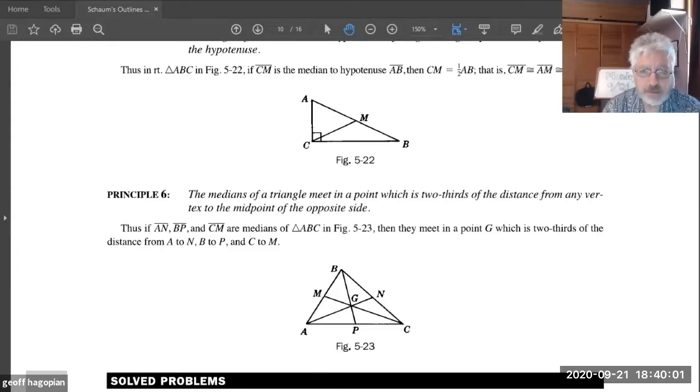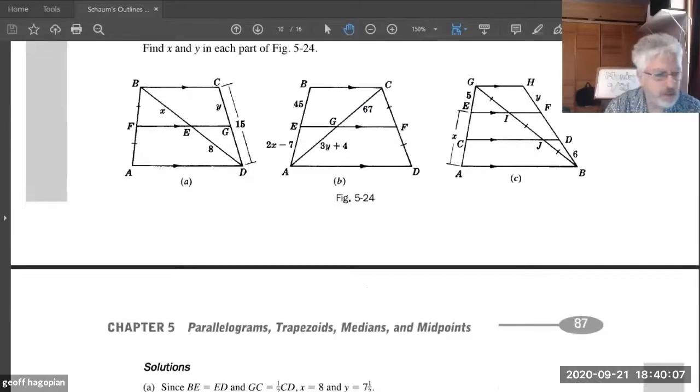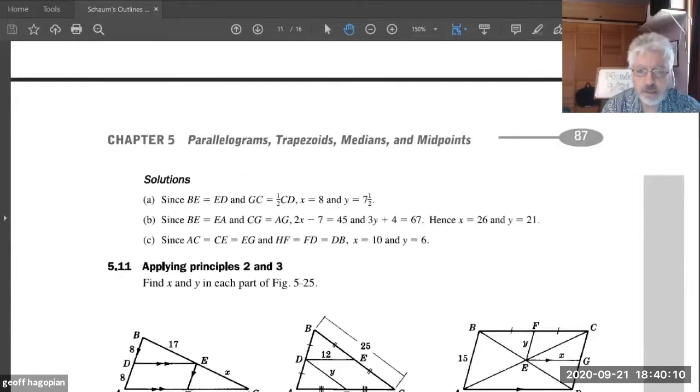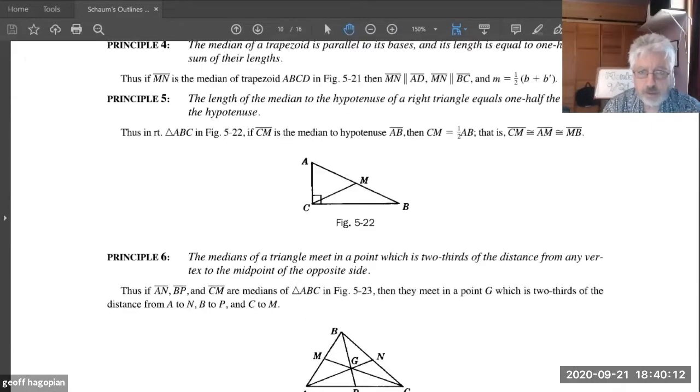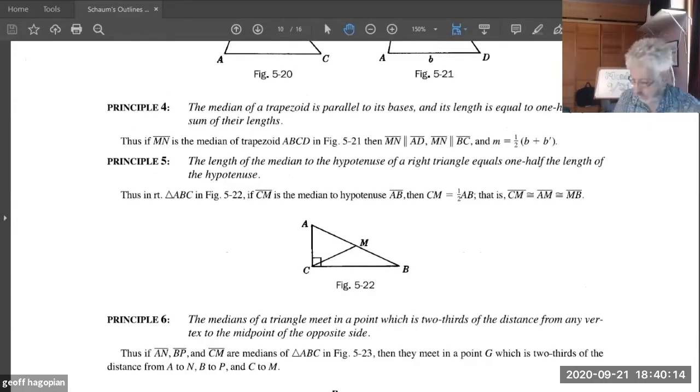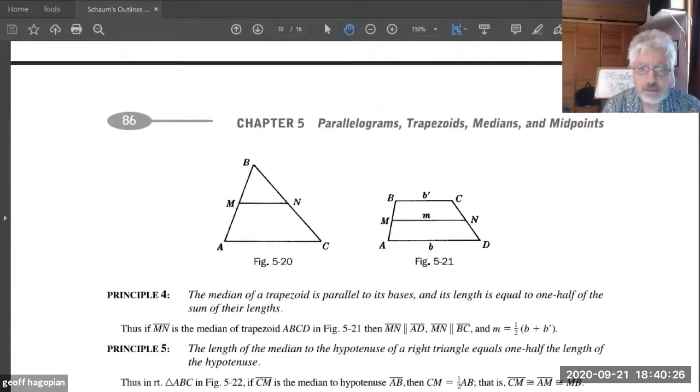So yeah, maybe we want to prove both of these, but let's do that as part of the review, because I do want to get on to circles today and we're short on time. So note, we will prove in our copious free time that it remains to prove principles 5 and 6 for medians and midpoints.